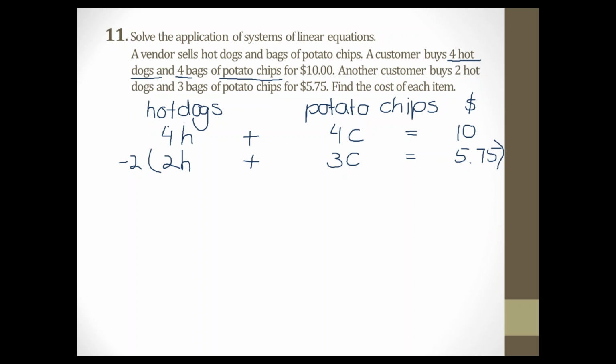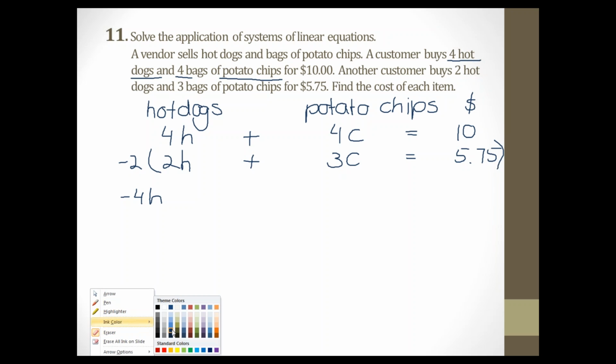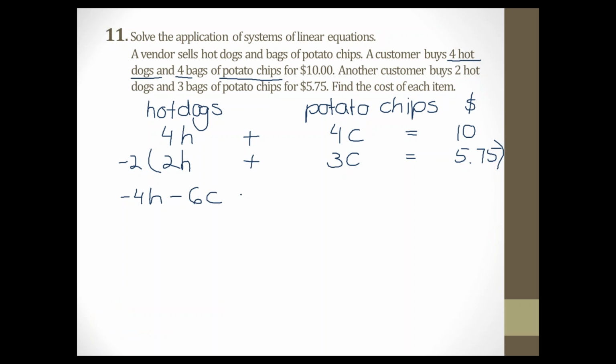So I would have opposite coefficients right here for the H. So let's just do this and distribute through the -2. -2 times 2H gives me -4H. And then also -2 times a +3C gives me, basically I didn't need the plus sign because I'm going to get a negative answer for doing this multiplication. So negative times a positive is a -6C.